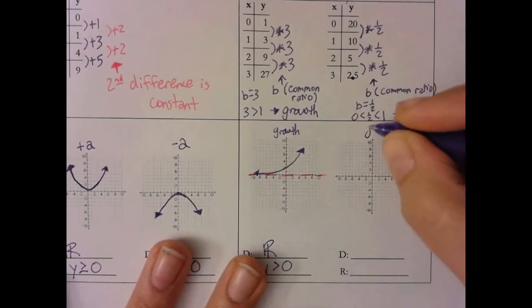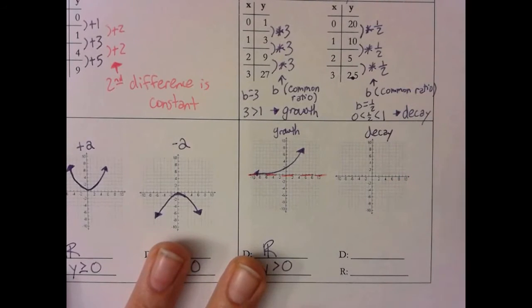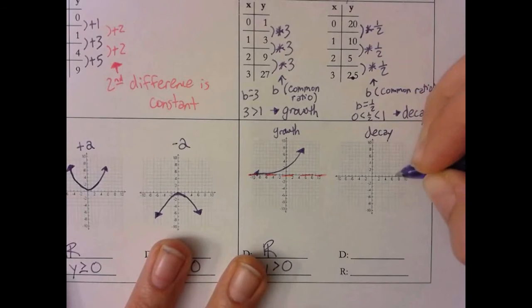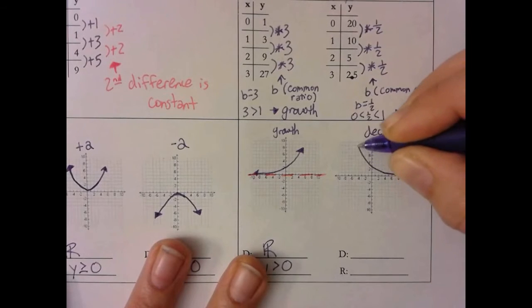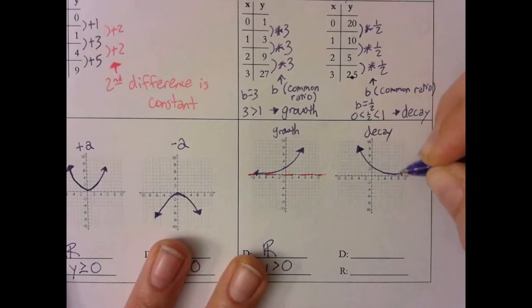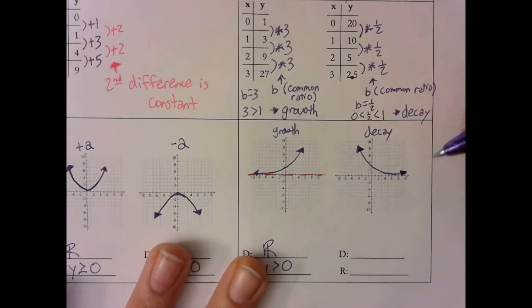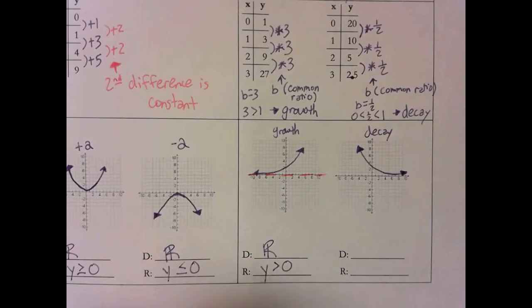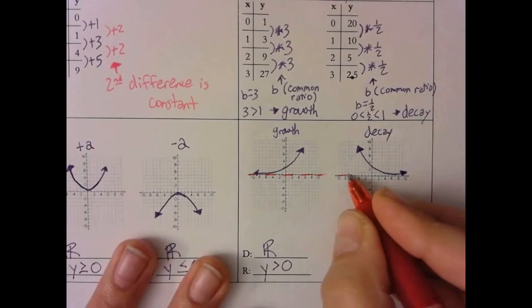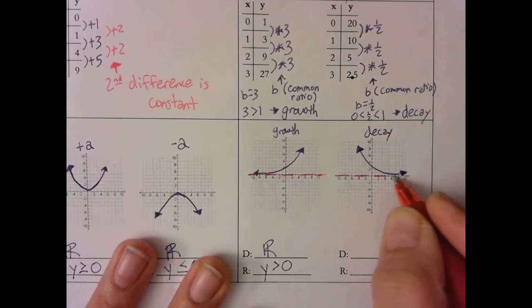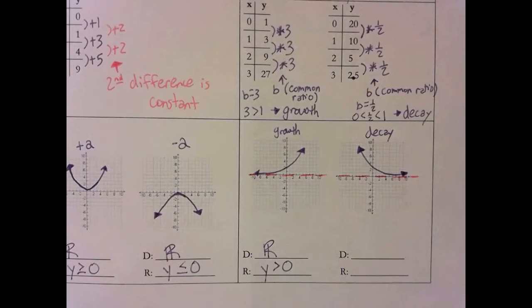Okay, what about decay? Decay would look like this. And once again, we have this line where it does not touch, it never touches y equals 0.